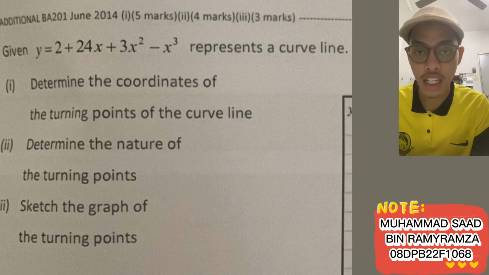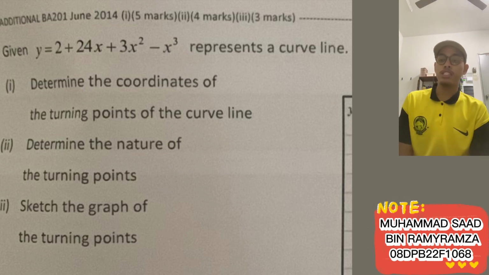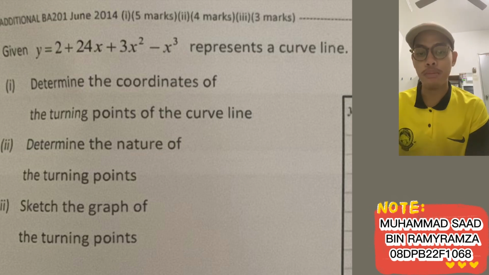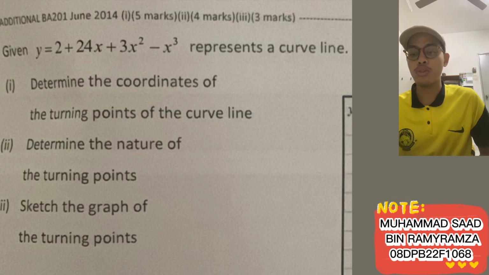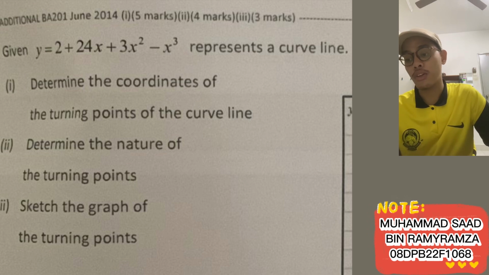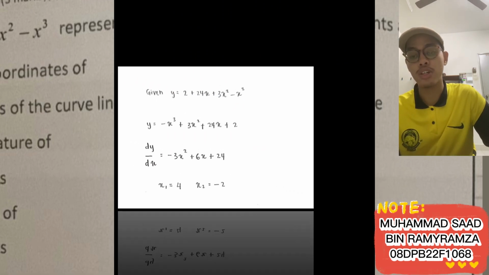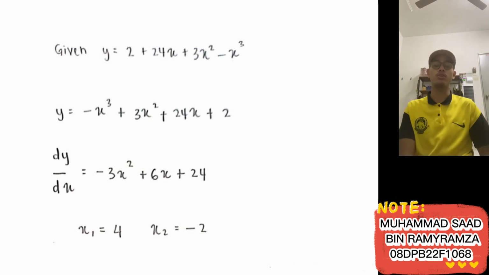Okay, Assalamualaikum. Now I'm going to solve the application of differentiation: maximum and minimum problems. Basically, the question gives an equation that represents a curved line, to determine the coordinates and to sketch the graph. The equation given is not in order, so first I will arrange the powers of the variable from highest to lowest.